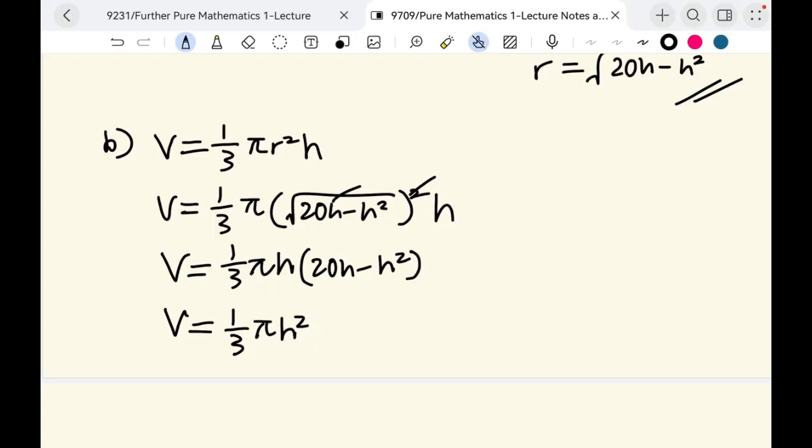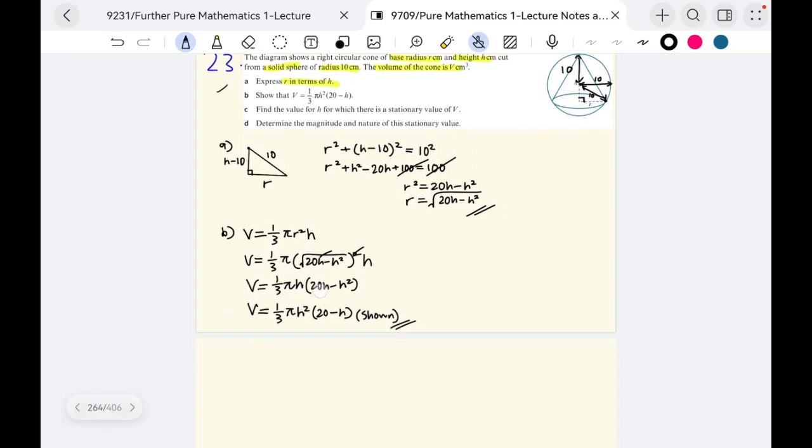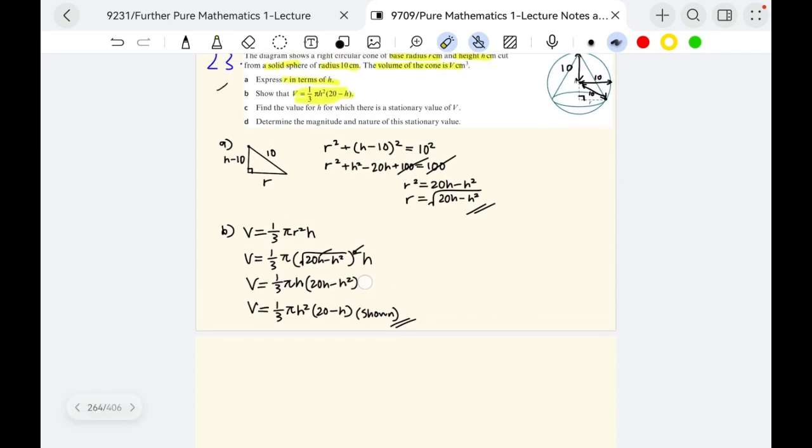Eventually, V is equal to 1/3 pi H squared (20 minus H). So therefore, shown. So until this point, you have successfully proved the equation of the volume required.